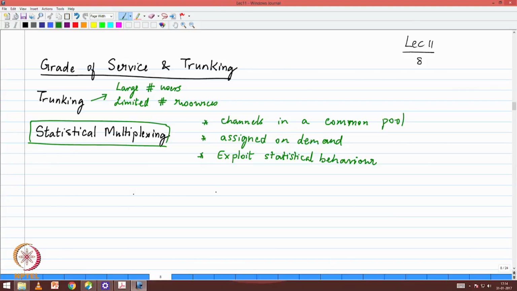Okay, now let me just define the context and then we move forward quickly. So we have a cellular system which fits into this mechanism: a large number of users, limited number of resources. Now typically in this type of scenario, when a user is asking for resources, if the resources are available, the user will be served.